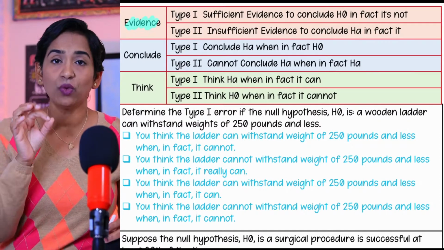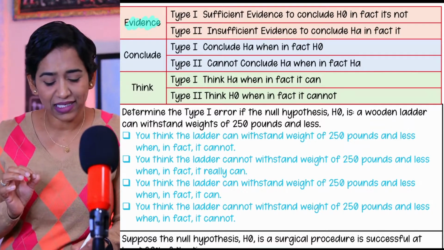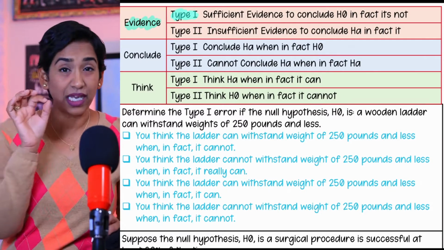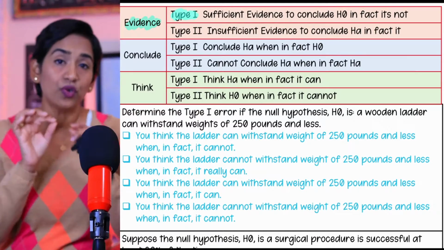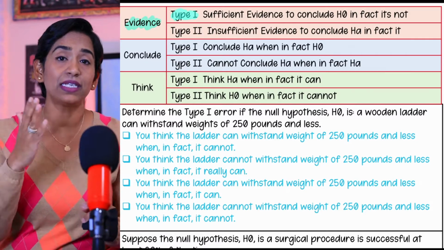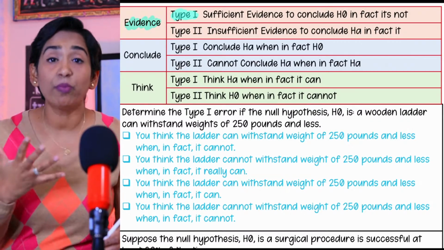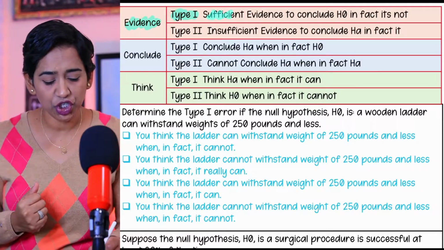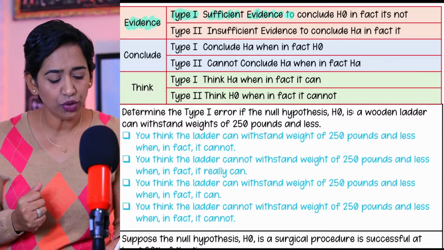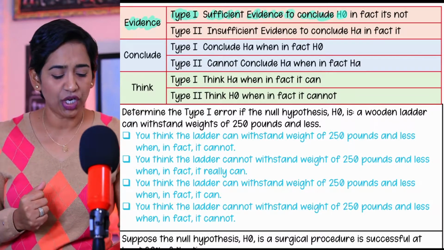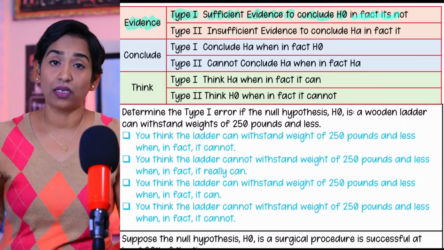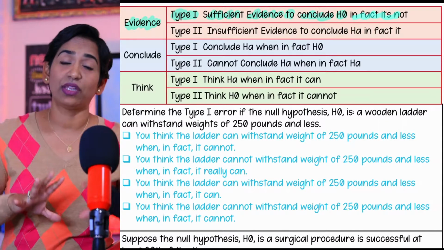So when you see the word evidence and it's type 1 error, please be very careful. The verbiage is sufficient evidence to conclude H naught, in fact, it's not.